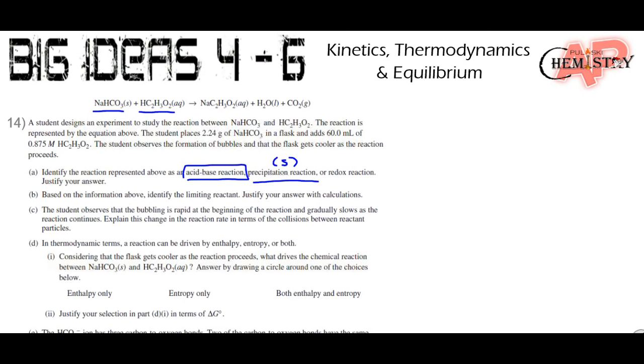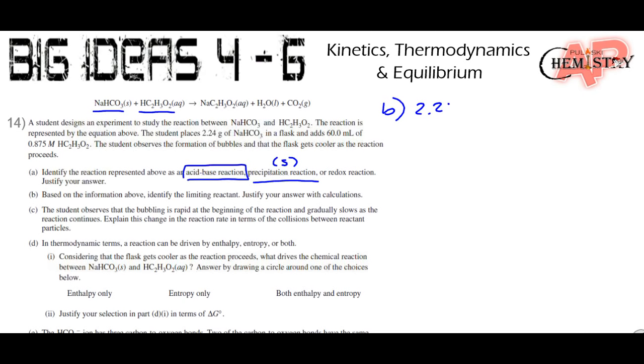All right, letter B. Based on the information above, identify the limiting reactant. Justify your answer with calculations. Okay, so what we need to do again is find out how many moles we have for each. We're given this in two different ways.